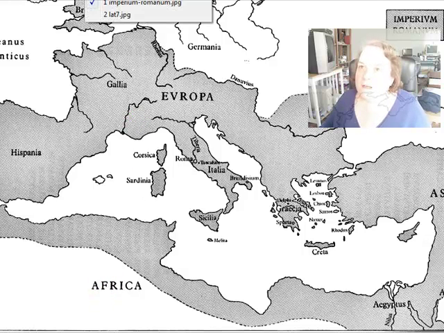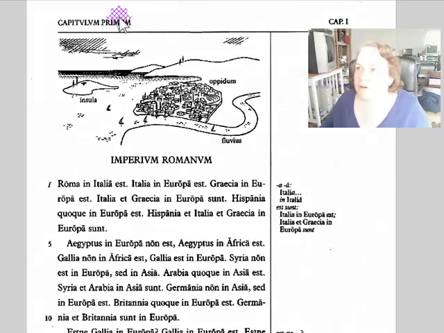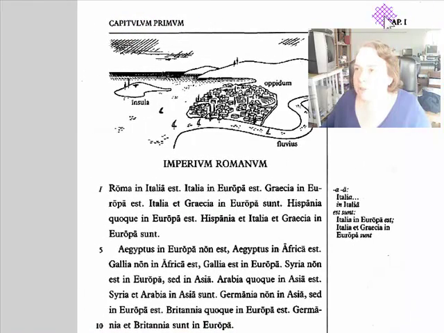Let us begin reading Latin with Capitulum Primum. Capitulum Primum, abbreviated over here. Look, a 1. Primum must be what I thought, the first chapter. Capitulum Primum, chapter 1.